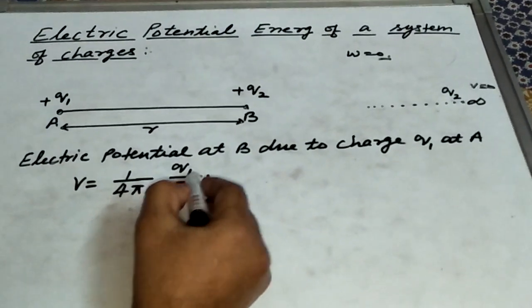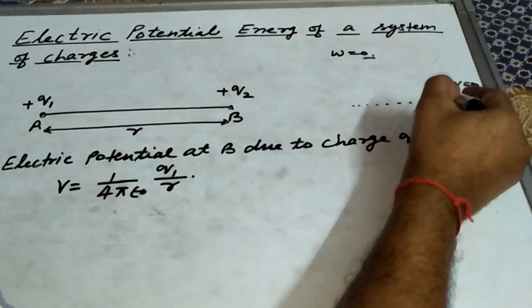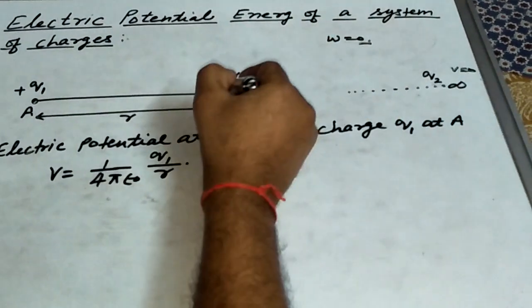So how can we find the work done in taking the charge Q2 from infinity to the point B?